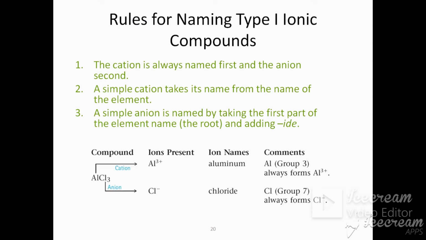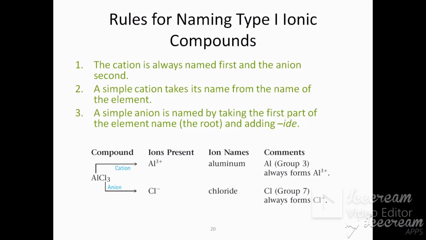Compound AlCl3: cation Al3+ and anion Cl-. Ion names: aluminium and chloride.